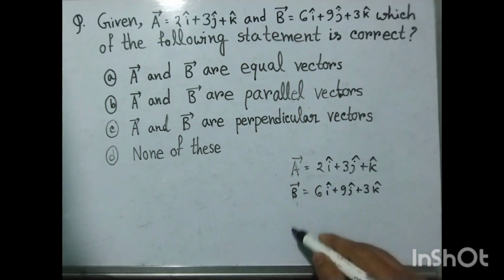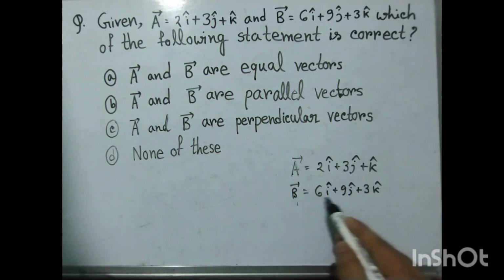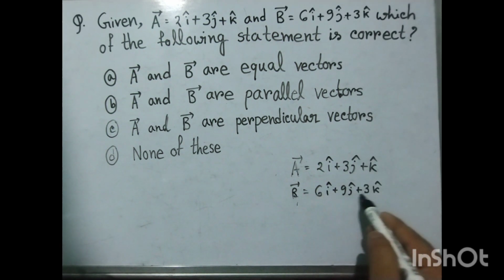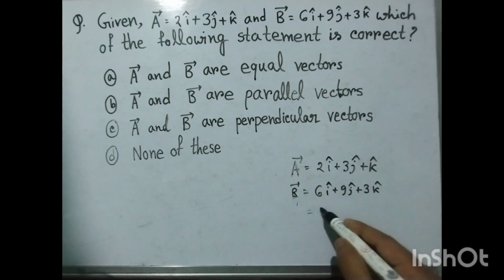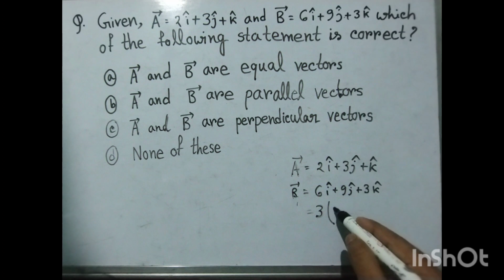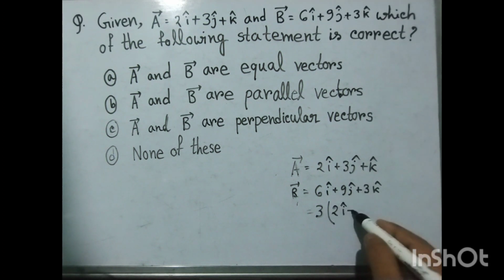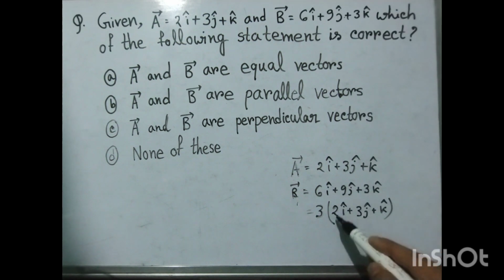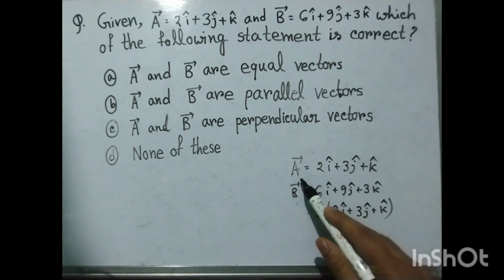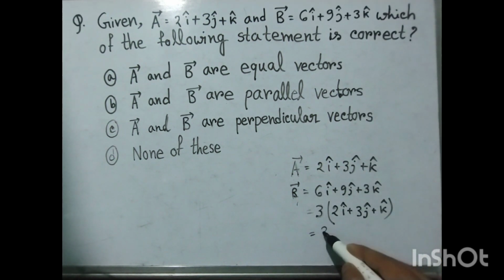So let us see carefully the pattern of b vector. Suppose if you take 3 as common, it will be 3 into 2i cap plus 3j cap plus 1k cap. So look, the thing in bracket is the same as a vector, so you can write it as 3a vector.